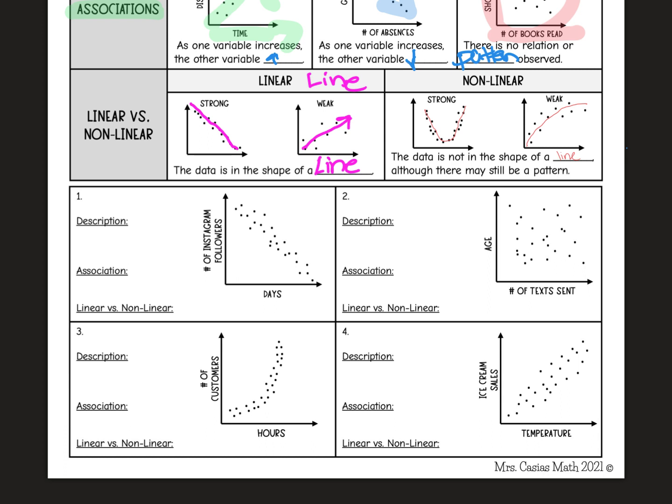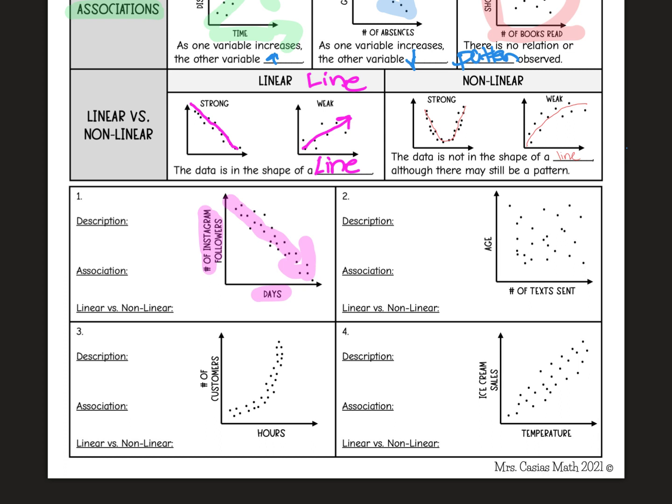Here I have a scatter plot, and on my x-axis I am looking at the number of days, and how does that affect my number of Instagram followers? Okay, let's look at the scatter plot. As my days increase, look what is happening to my data. It is trending down.